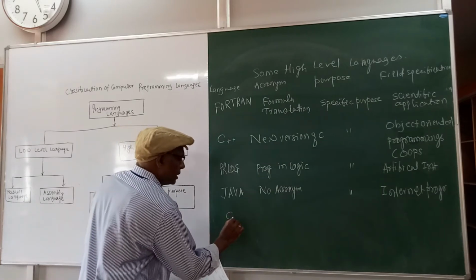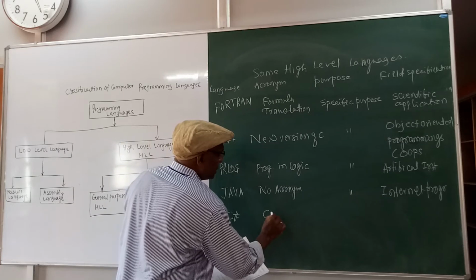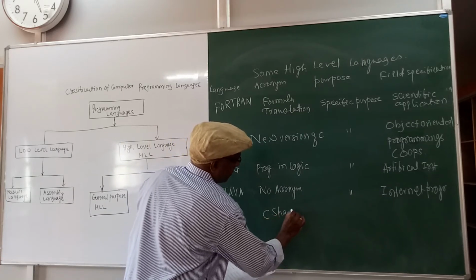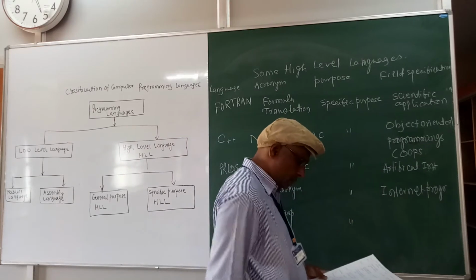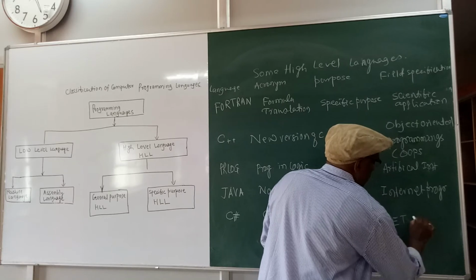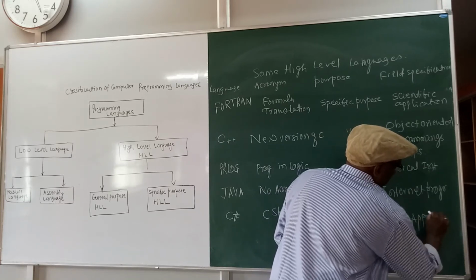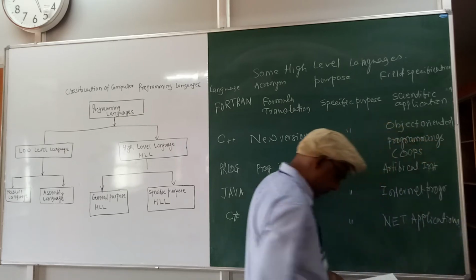And this is C hash. It is C sharp. It is a specific purpose language and it is used for .NET applications.